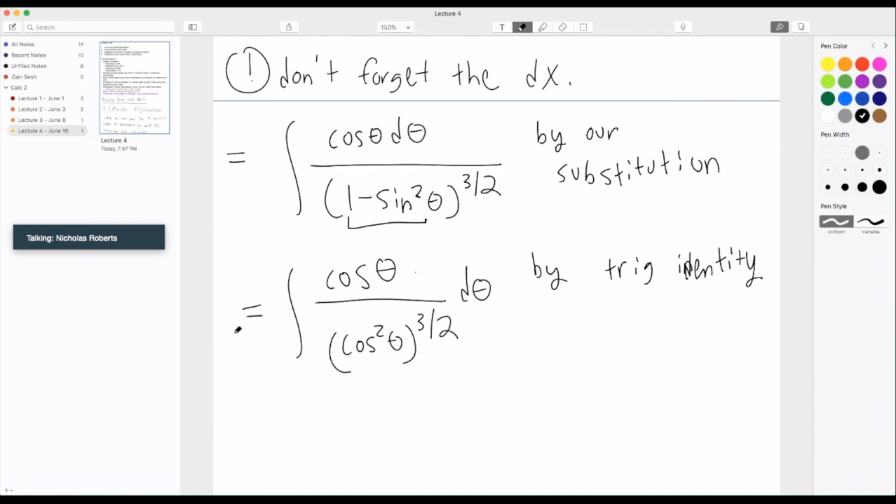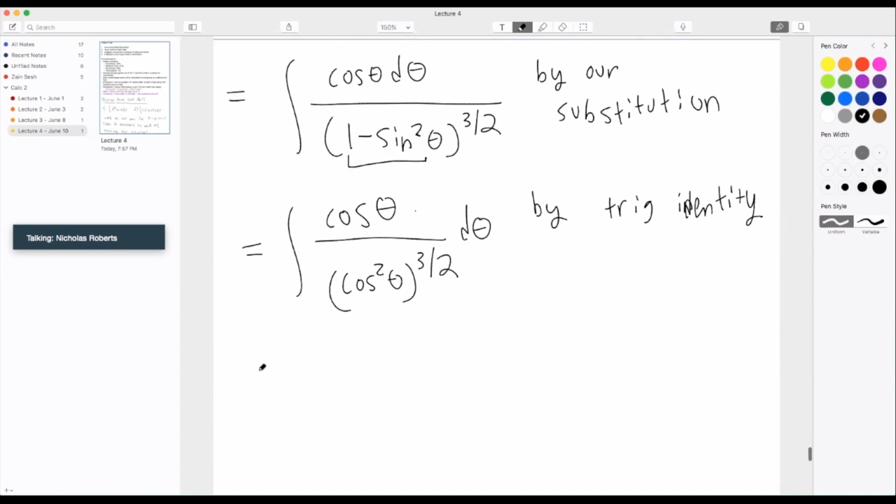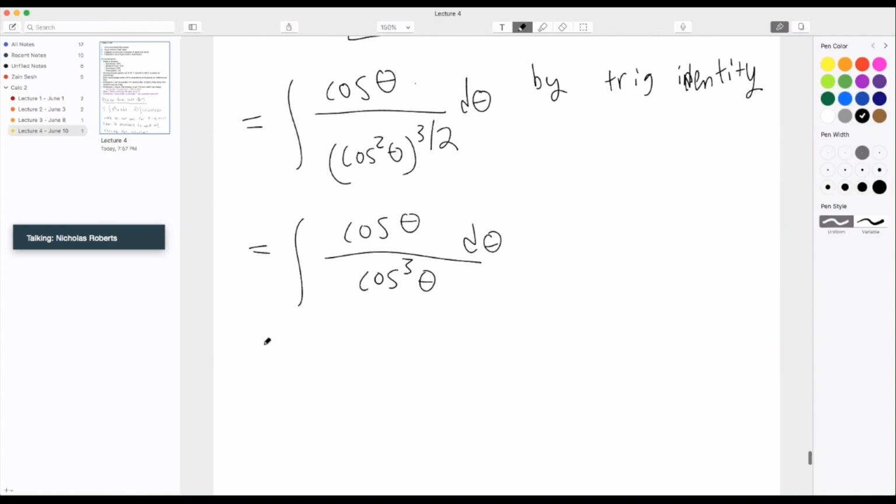Awesome, and that's really good because then the bottom just simplifies to cosine cubed. Very nice. This comes out to 1 over cosine squared, which is just secant squared.